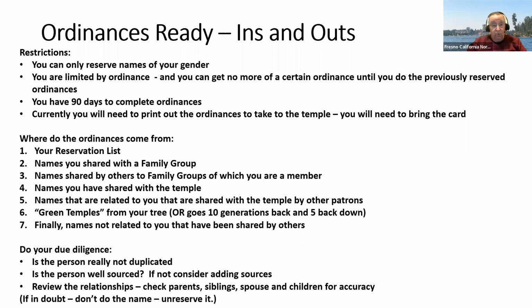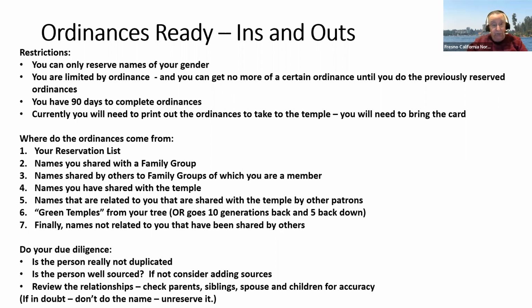Okay, the way they pull names for Ordinances Ready has changed slightly because of some other changes. It starts by pulling from your reservation list. Then it pulls from names you've shared with a family group. Then it pulls from names shared to a family group you're in that somebody else had submitted there.